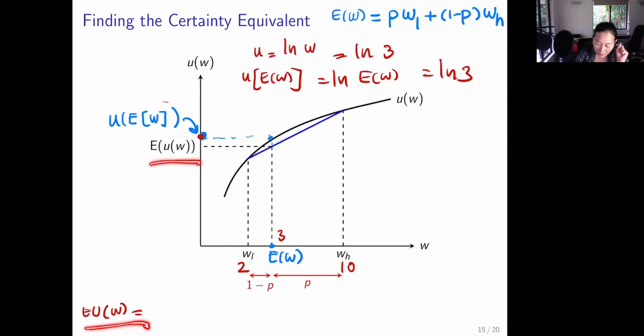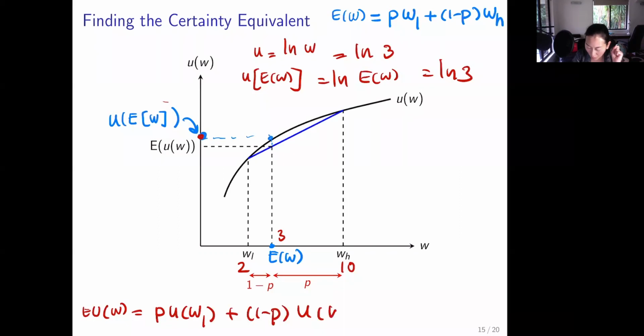EUW is equal to P times U(WL), plus 1 minus P times U(WH). This is the expected utility. See, it's different, right? The main difference is this.